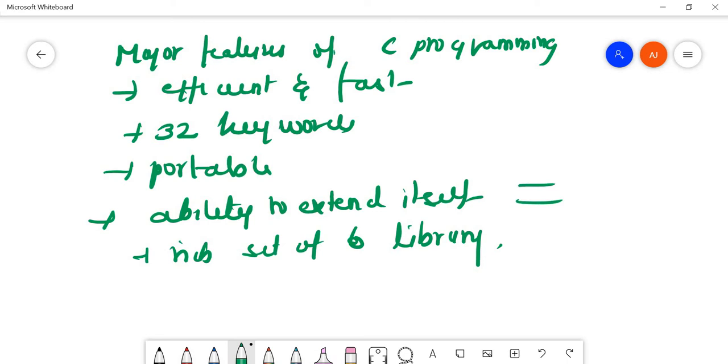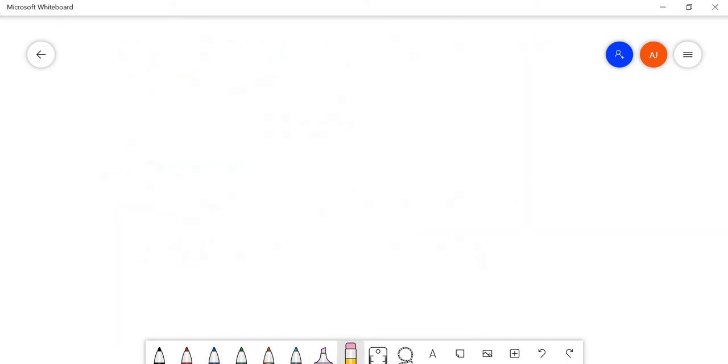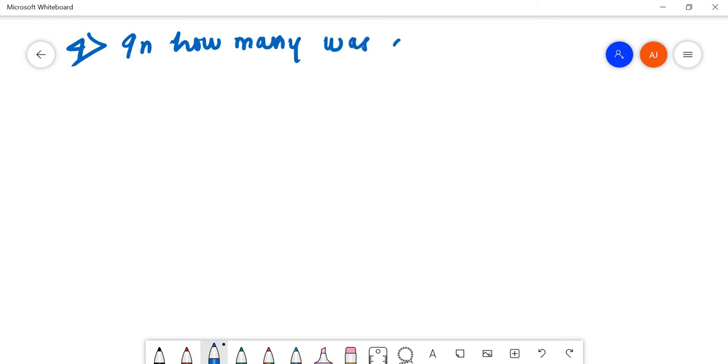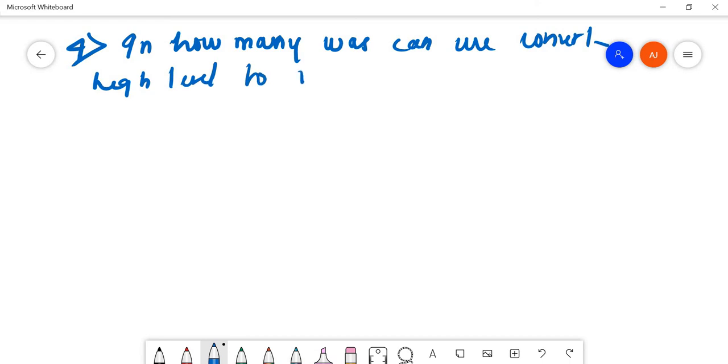So let's go to the next question. I think this is my question number 4: in how many ways can we convert high level to machine level?